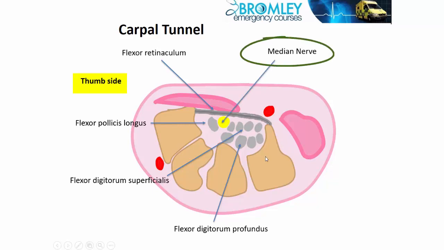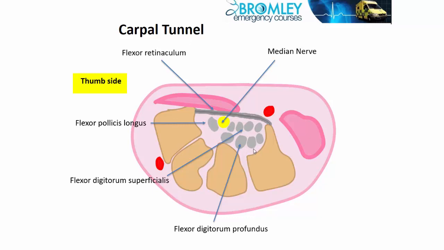And there's not a lot of spare space in the carpal tunnel. So if there's any swelling there, for example from an inflammatory arthritis involving any of the bones, or just from edema, hypothyroidism, a whole range of things can cause fluid and inflammation in this area, then the pressure within the carpal tunnel rises.